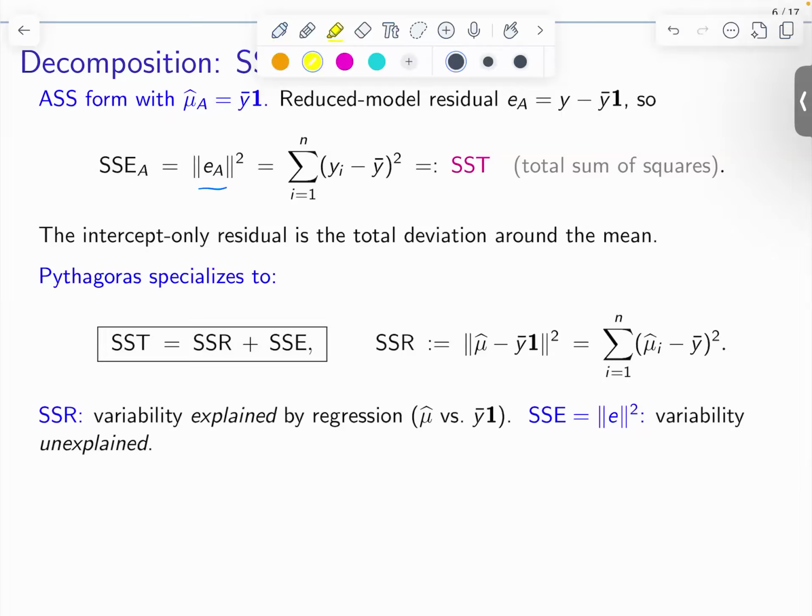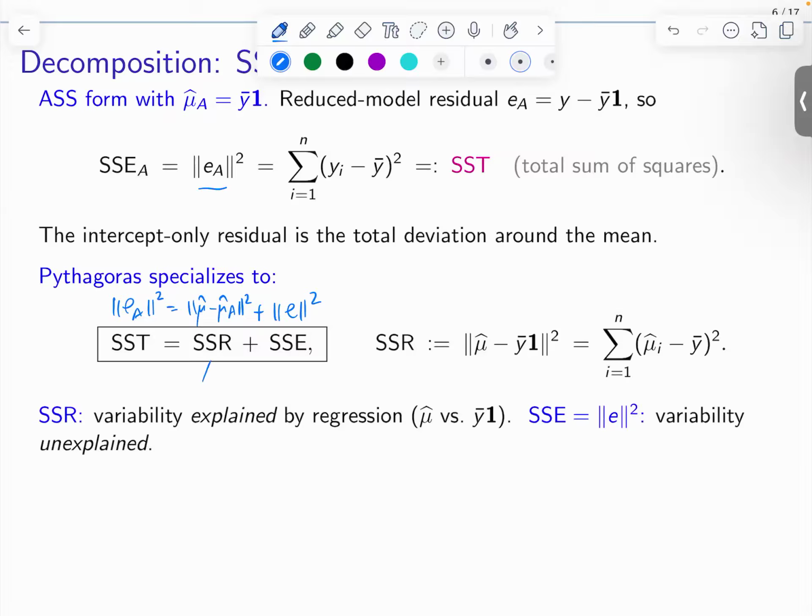And so this is really our Pythagorean theorem. The norm of EA squared is the norm of E squared, that's the SSE, plus this SSR, which is this term, the mu hat minus mu hat A, or the additional sum of squares in general. In this particular setting, it's called SSR, the sum of squares of regression.